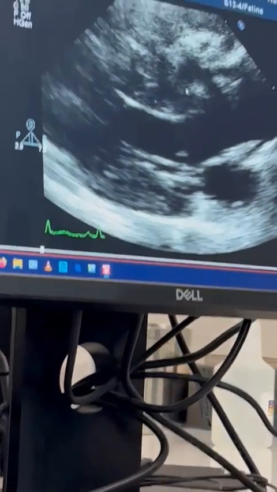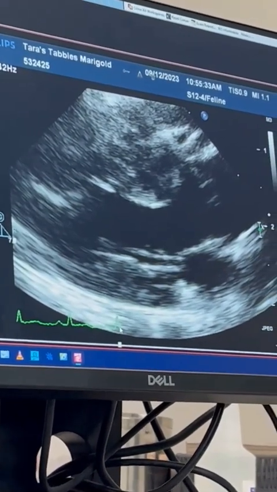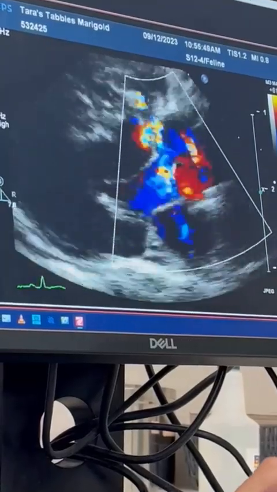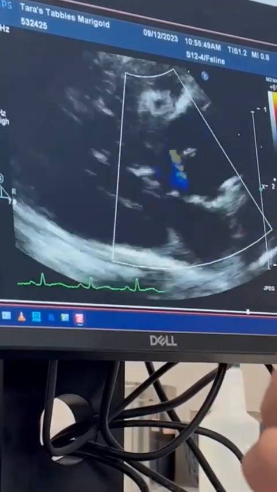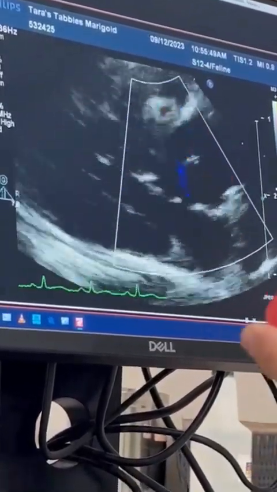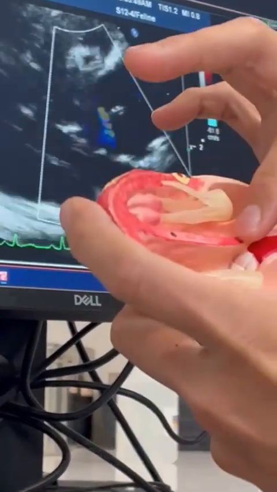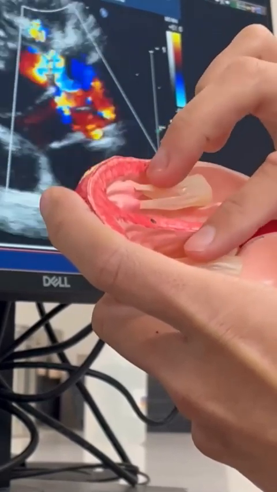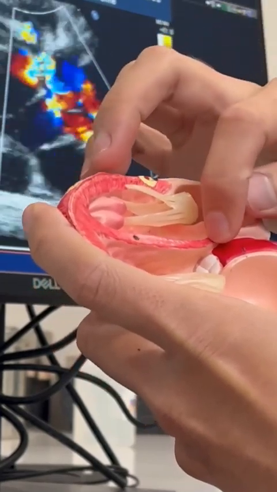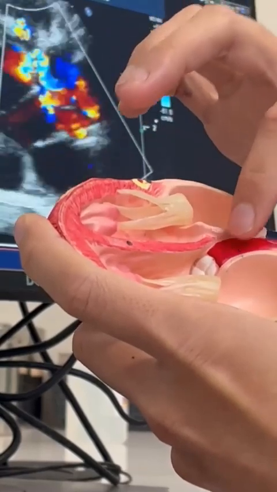There's the defect here, in different views, and that's where the turbulent blood flow goes through. On this view, the muscle wall separating the lower chambers is called the interventricular septum, and there's a defect here connecting the right lower chamber and the aorta.